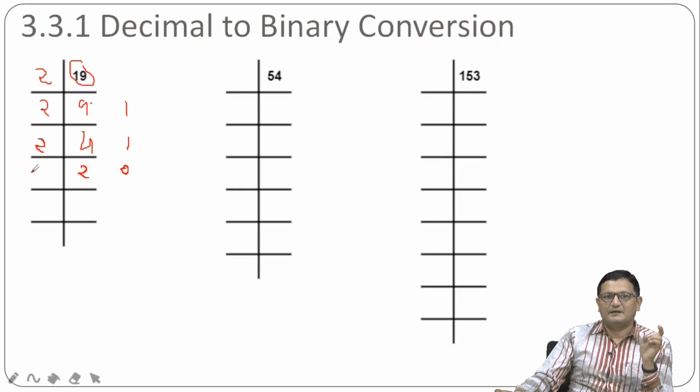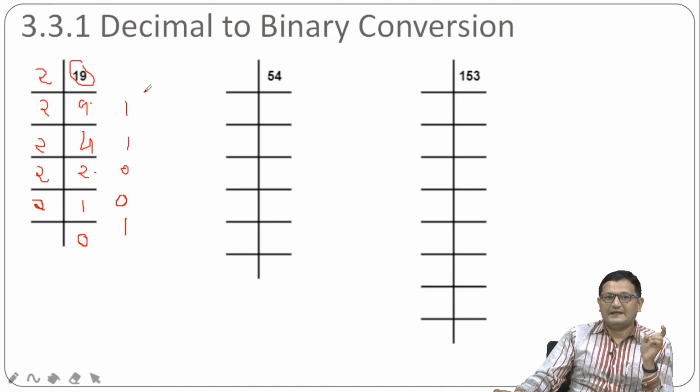Similarly, again we will divide this 2 by 2. 2 ones are 2, and we want 2, so there is no remainder, that is why we put 0 here. Now, 2 zeros are 0, but you need to bring 1, so this 1 will be the remainder.